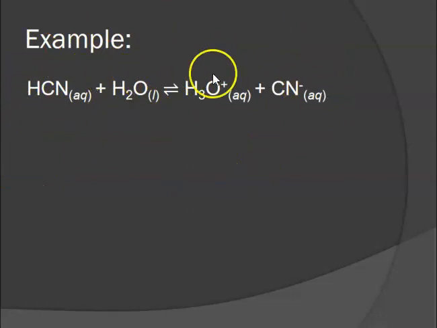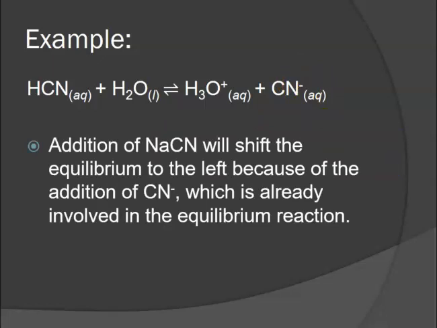So we have this equilibrium set up. If I add sodium cyanide, that's going to affect this equilibrium. Why? Well, it's not the sodium doing anything. It's the cyanide, the CN minus. It's right there. And what do you guys know about equilibrium? If I add something, it's going to push the equilibrium position away from the side I'm adding to. So if I add cyanide, it should push my equilibrium position back over here.